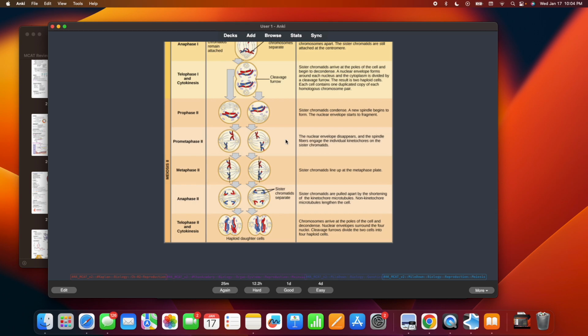It's no longer homologous chromosome pairs. Then for anaphase, we have sister chromatids separating by shortening of the kinetochore microtubules. So the kinetochore microtubules shorten, and non-kinetochore microtubules lengthen the cell.